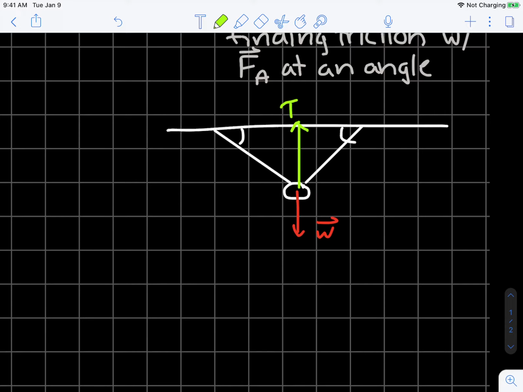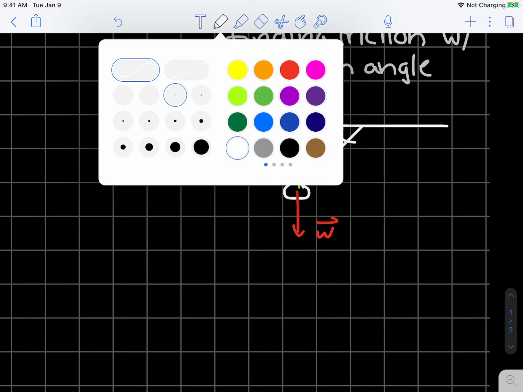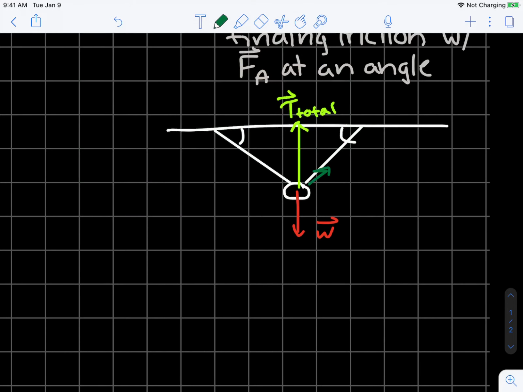And then this was the tension total. And then you were told to take, remember, weight and the tension total were equal to each other. So you were told to take the tension total out and make a right triangle. And so we have tension 1 and tension 2 were put on the same side.